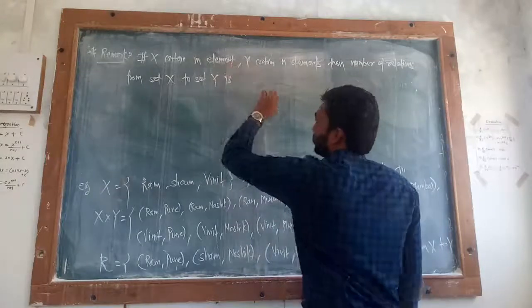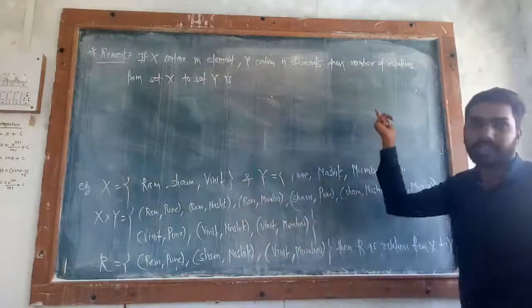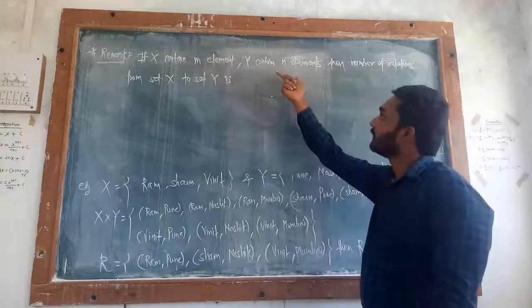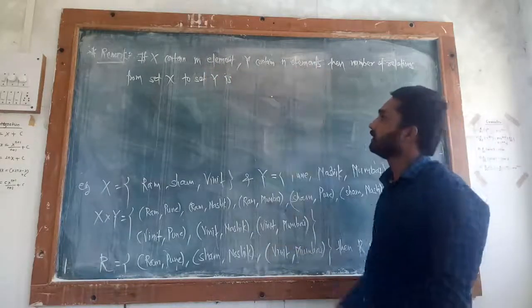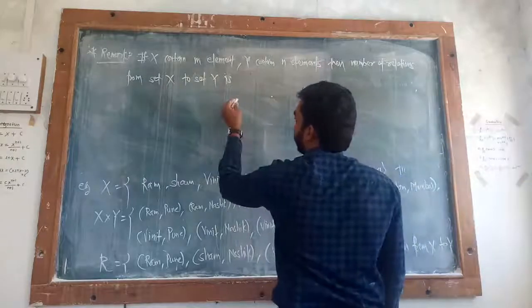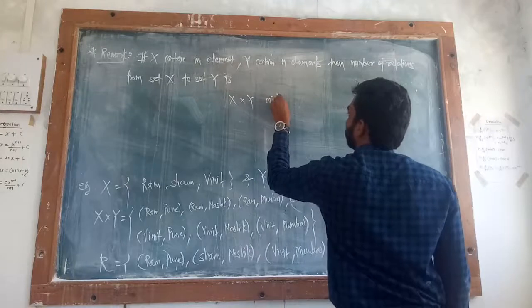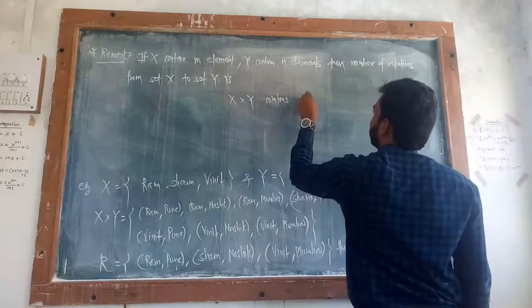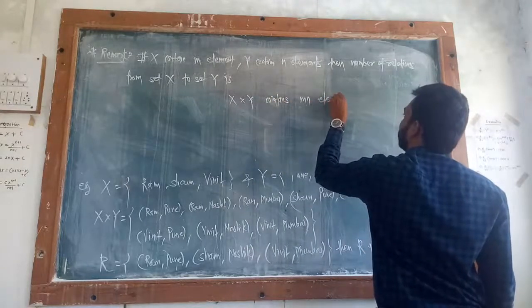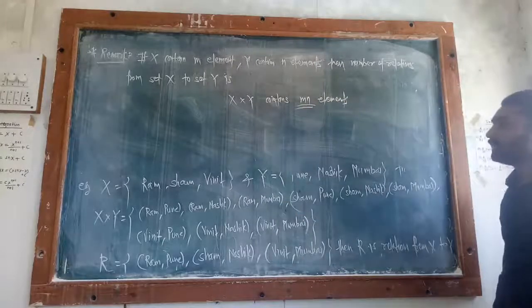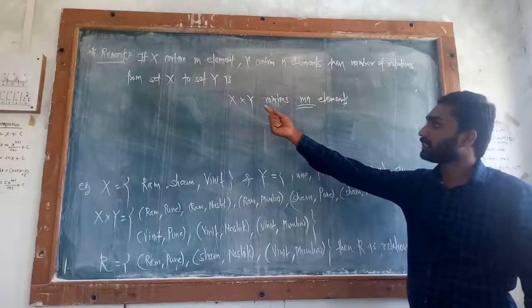So how many subsets of X cross Y are there? If set X contains m elements and set Y contains n elements, then X cross Y contains mn elements, right? And how many relations from X to Y?